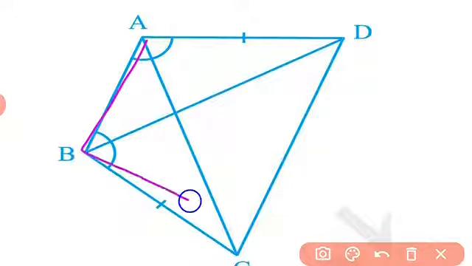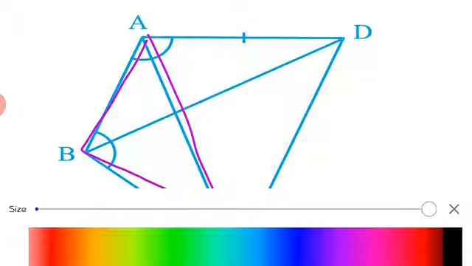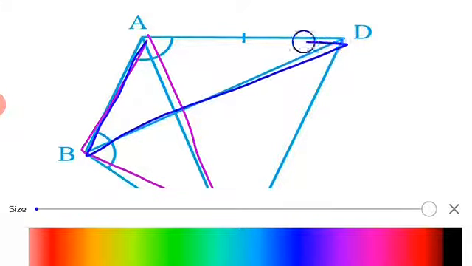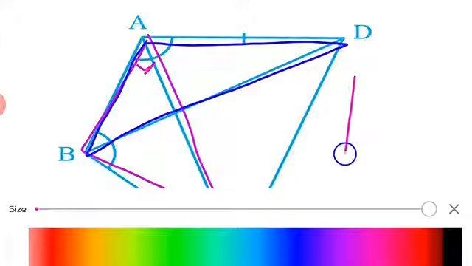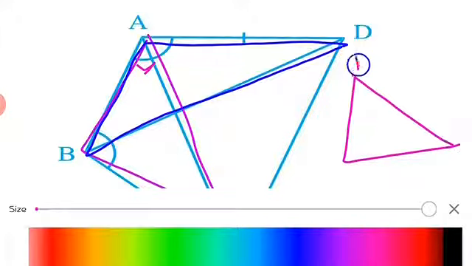These are the triangles. So what we have to show is that this angle in this triangle is equal to this angle.